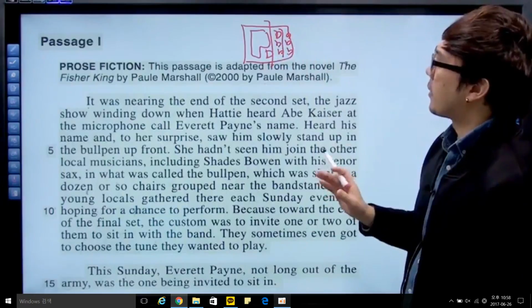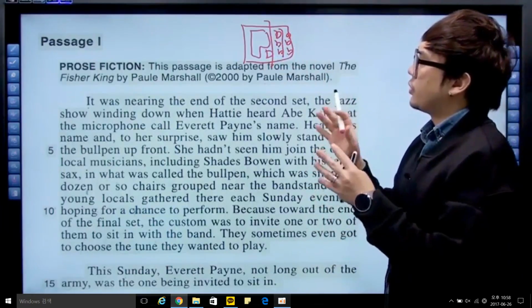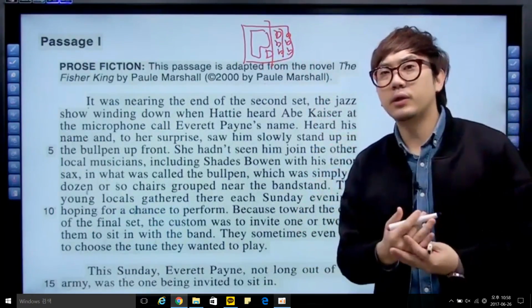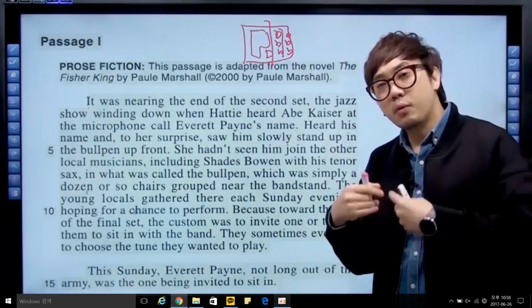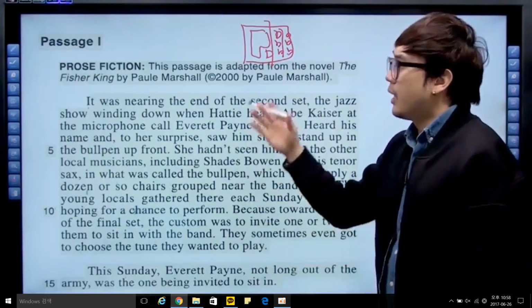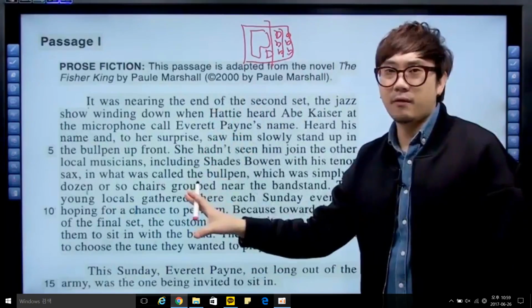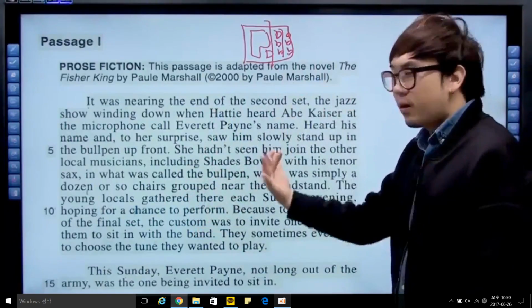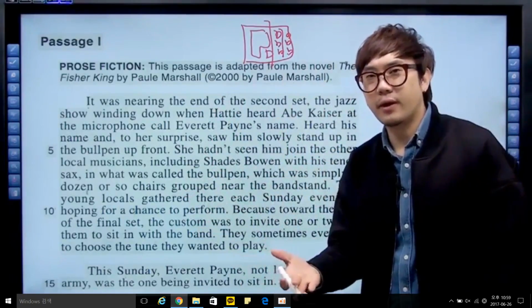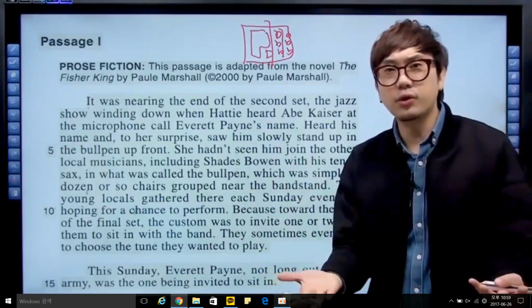What I would do as a student is go straight into the passage itself. But some students feel comfortable looking at the questions first. It's your choice.